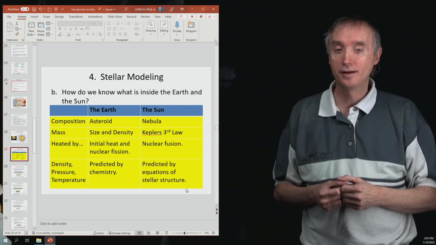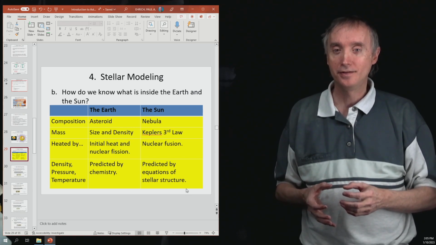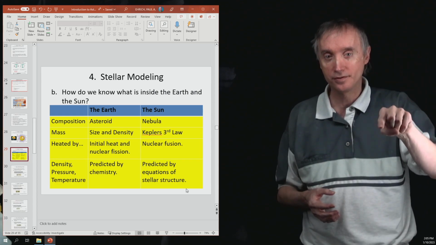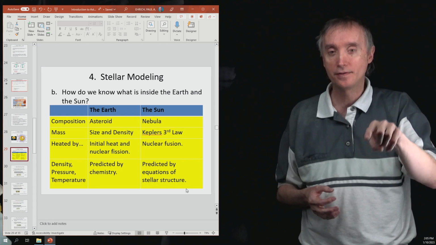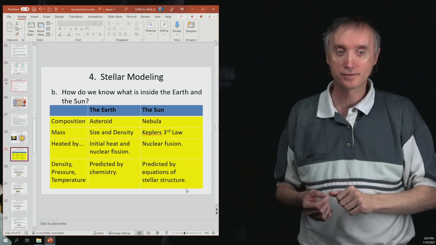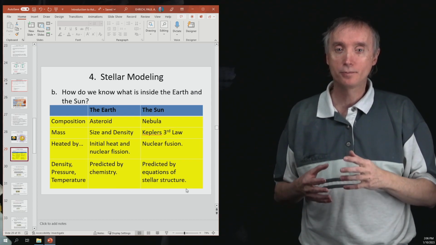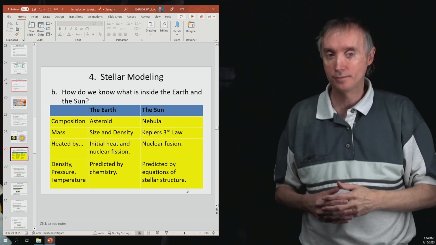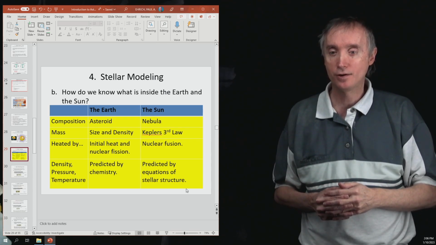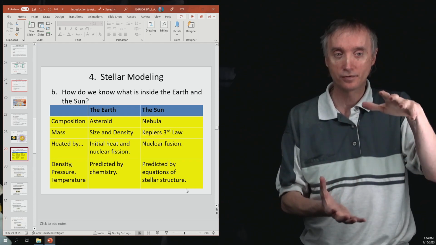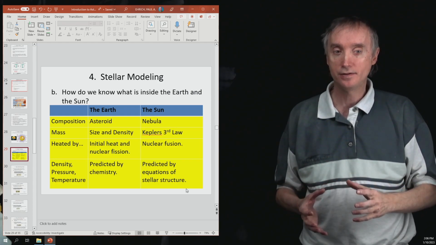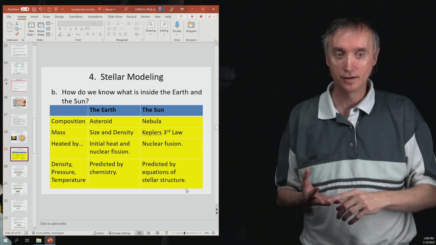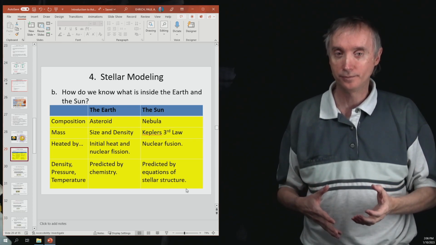Okay, then how do we know the density at different depths, the pressure at different depths, and the temperature at different depths? Well, all of this would be predicted by chemistry. So that's how we know that the Earth has all these different layers and what those layers are composed of and what the state of those layers is. Are they solid, liquid, or something in between?